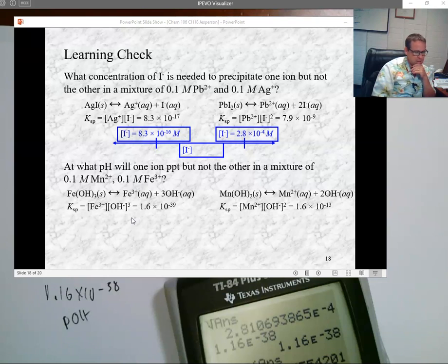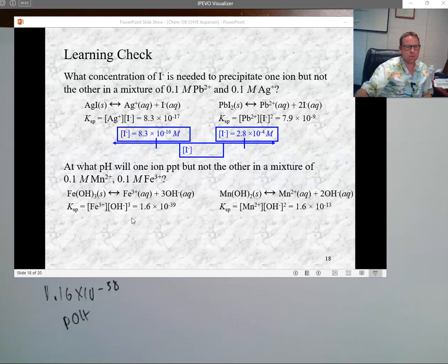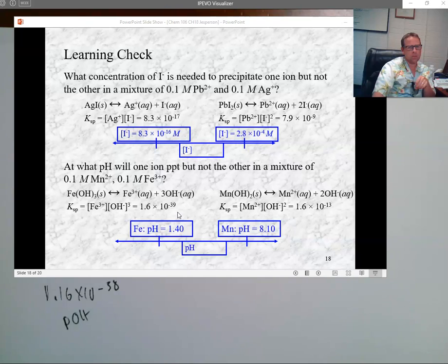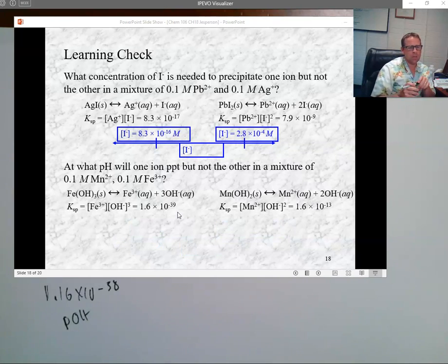That doesn't seem right. Let's see where we're at. Oh, that's all it's going to give us then? Let's see what we did wrong. The hydroxide ion concentration.